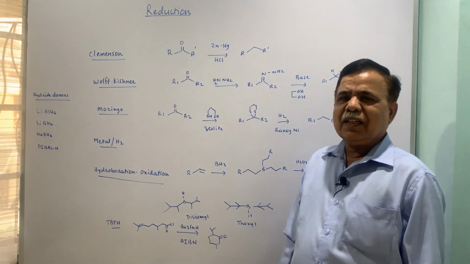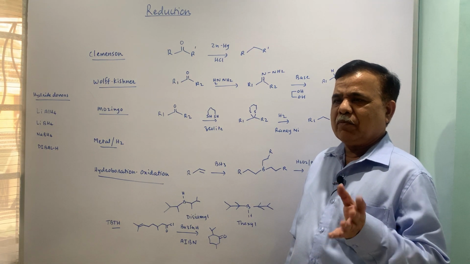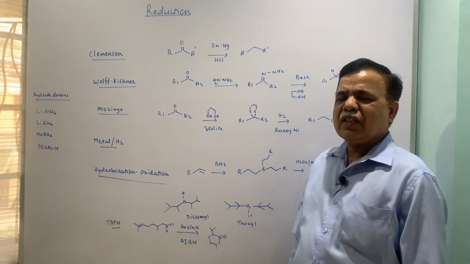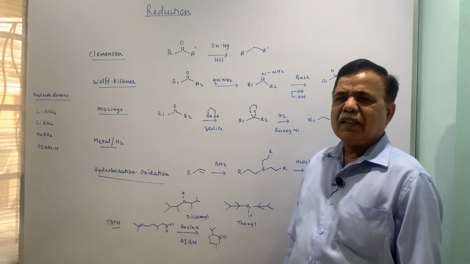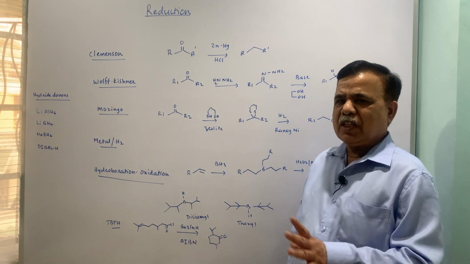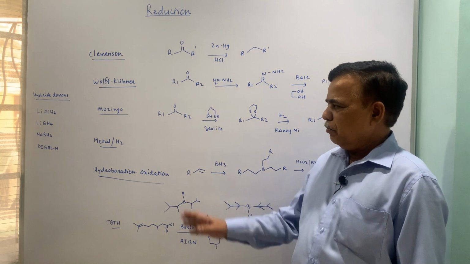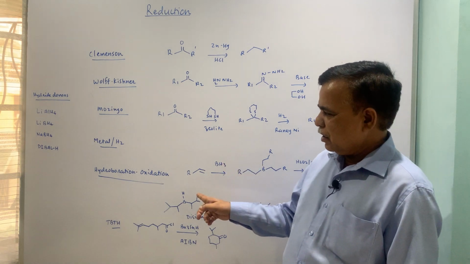The assumption is that the hydrogen is coming from the same side, and normally these are cis additions. Some modifications are there with modified reagents like Lindlar catalyst, in which triple bonds are converted into double bonds without further reduction and so on. We'll write down all those things for those reactions also.